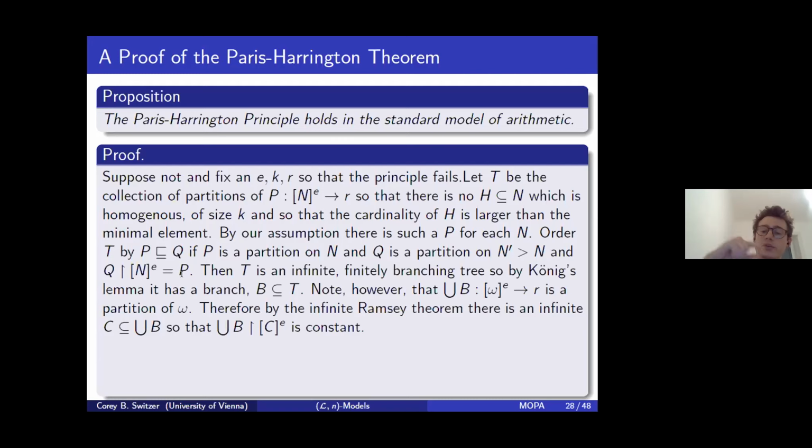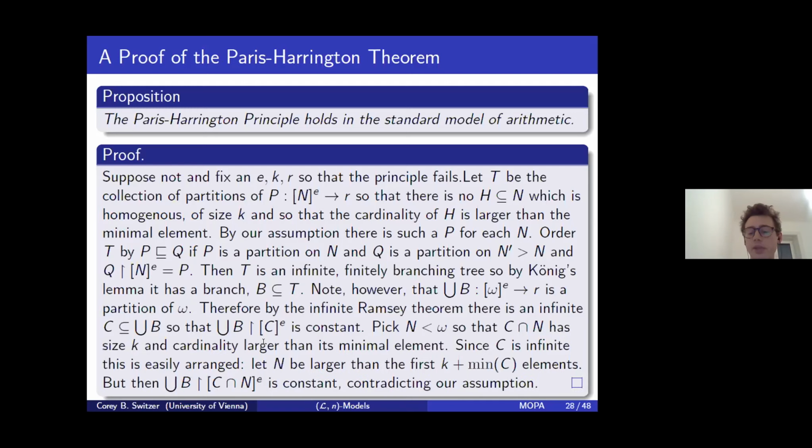Now I take the union of the branch, and that's a function from the e-size subsets of the natural numbers into r. It's a partition of e-size subsets of omega. So infinite Ramsey's theorem tells me that I get an infinite subset of omega on which my partition is constant. And now I get a contradiction, because I have an infinite set.